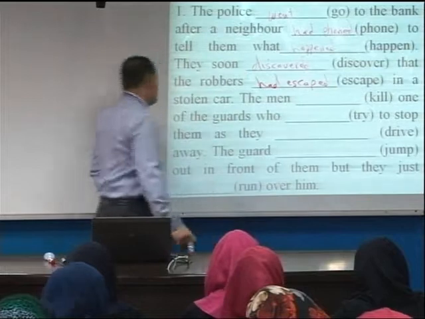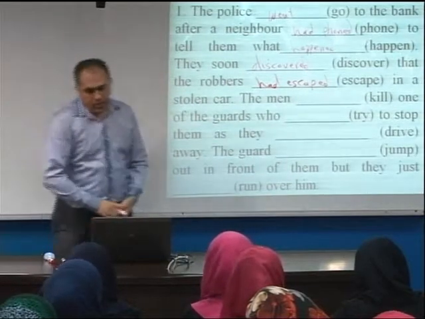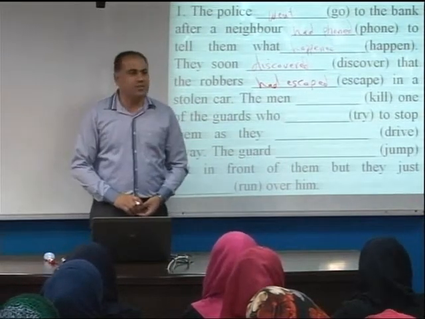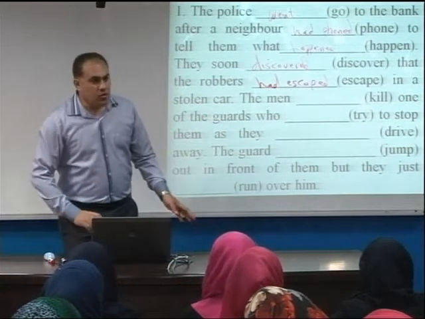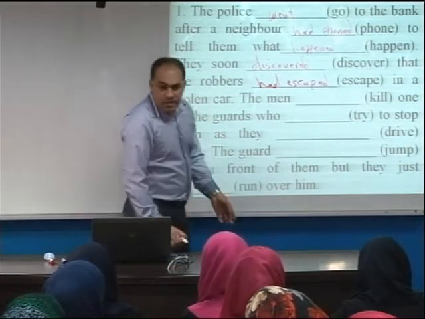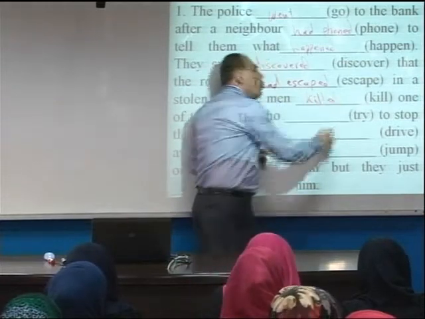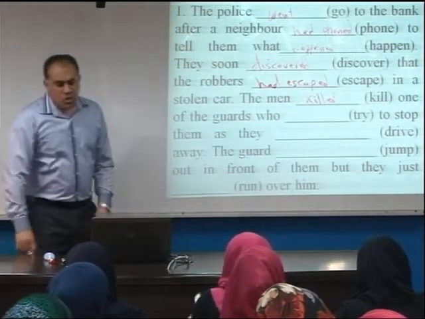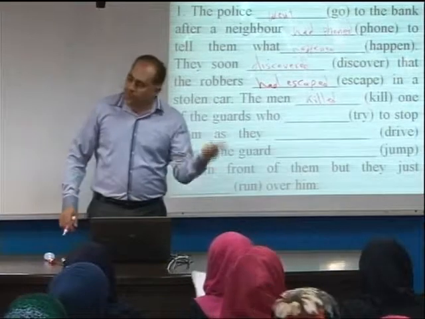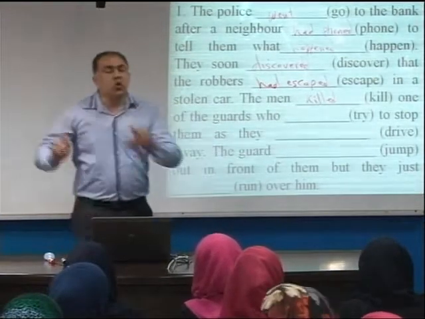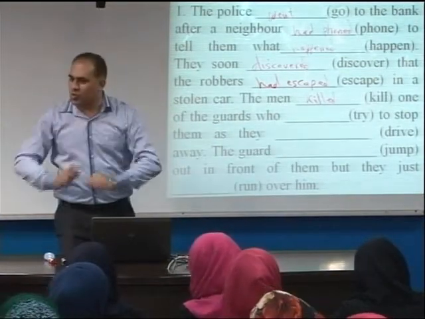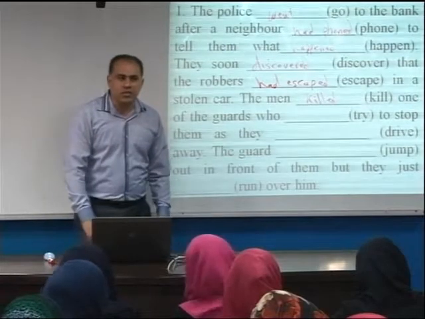In a van, alright, in a stolen car. Alright, the men killed. Not were killing. The men killed one of the guards who was trying. Why is it past continuous?